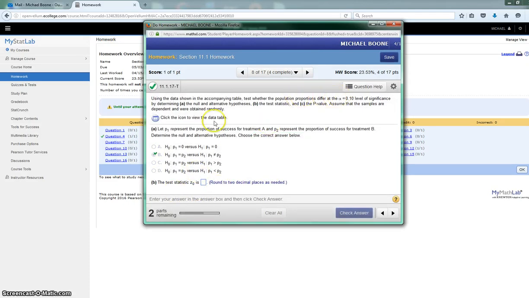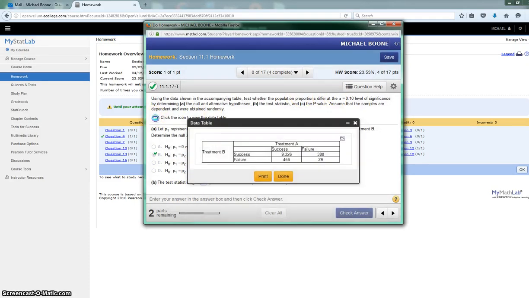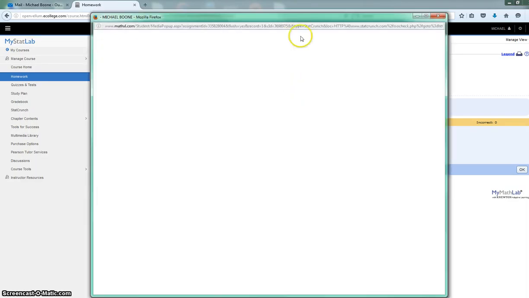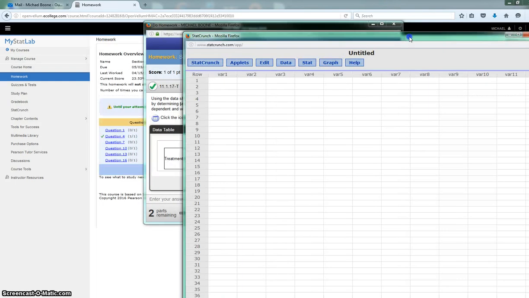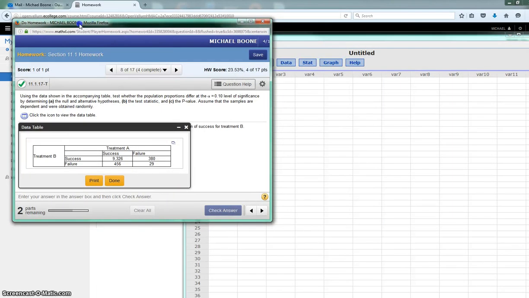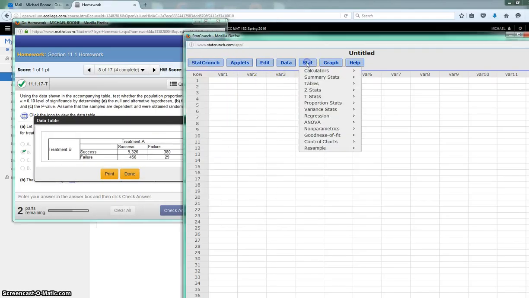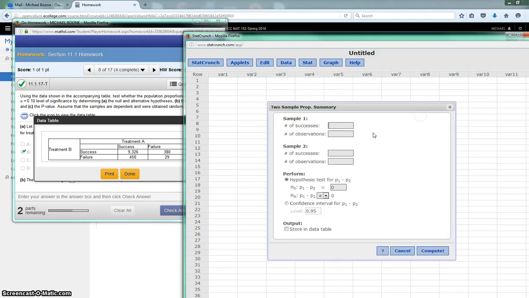The test statistic. Well, I need to look at the data. And so here's my data. And we're looking at the successes. So if I'm looking at successes on this, and I am comparing two proportions, I know the number of successes for A would be the sum of these two.